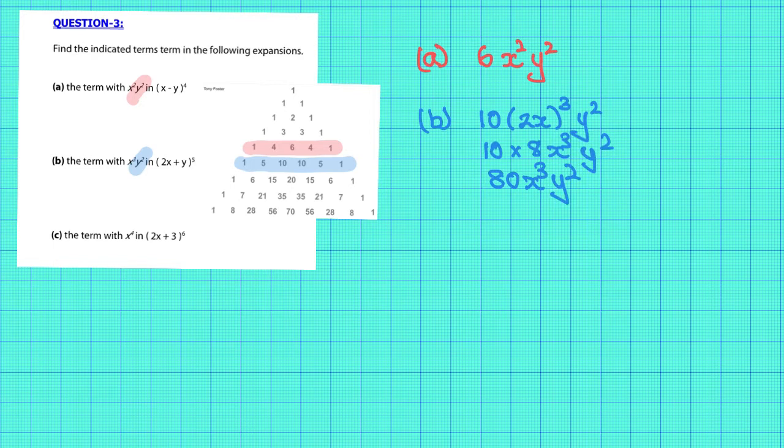C, the term with x to the power of 4 in the expansion (2x plus 3) to the power of 6. Because n is 6, we want the seventh row of Pascal's triangle.